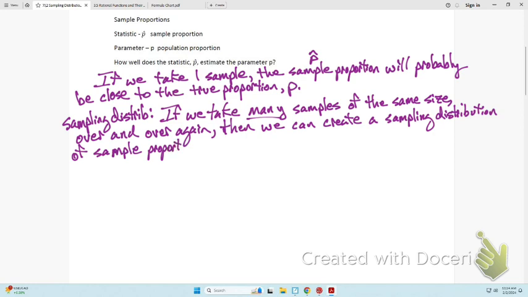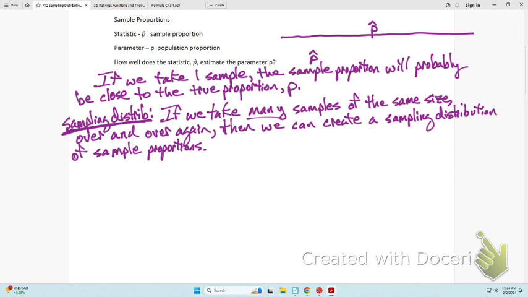Now I have a tiny bit more to say, but I saw a person draw this picture. I don't know if you want to draw it, but maybe it'll help this sentence right here make sense. If I take one sample, then I have one P hat. What if I do this over and over again? Let's make a number line here and plot where they fall in terms of a proportion.